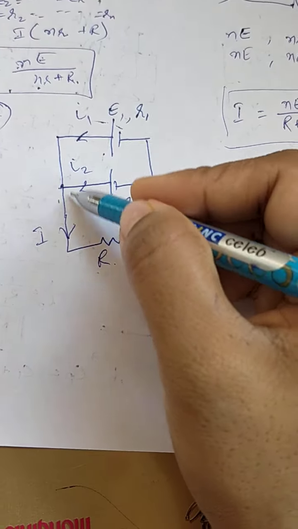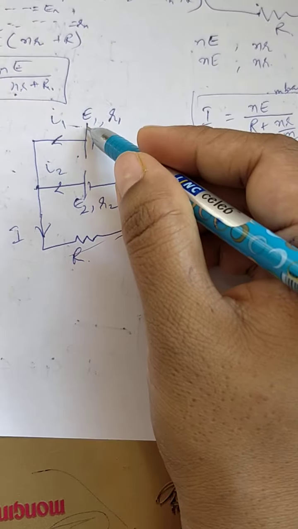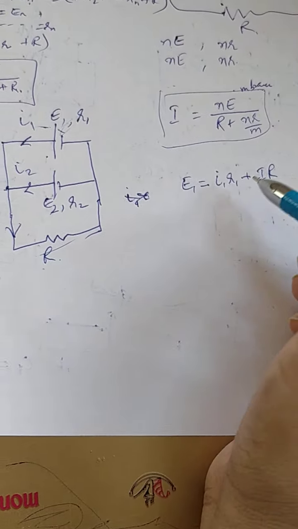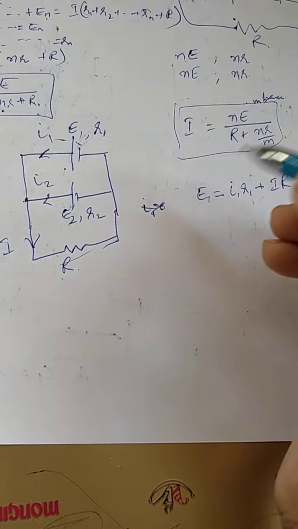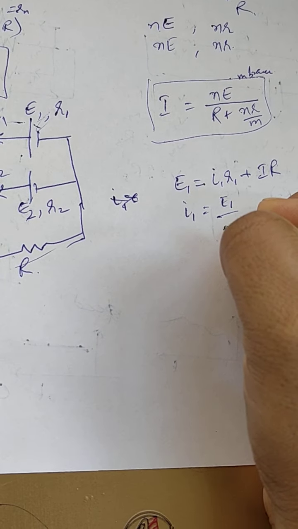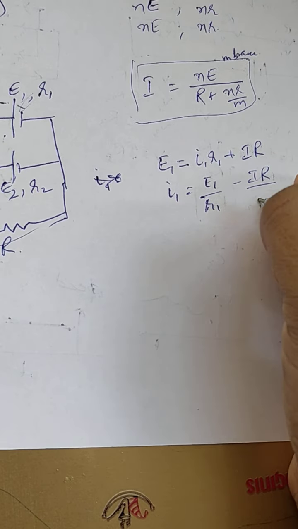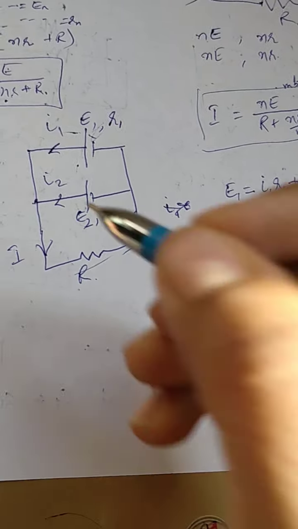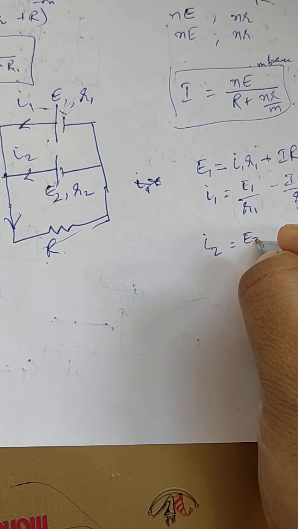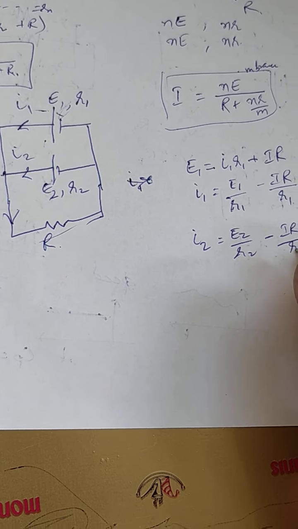For this branch, E1 is equal to the potential drop across r1, I1 r1, plus the potential drop across R. So from here you get I1 equal to E1 by r1 minus IR upon r1. I hope this is clear. Similarly, for this branch, I get I2 equal to E2 by r2 minus IR upon r2.